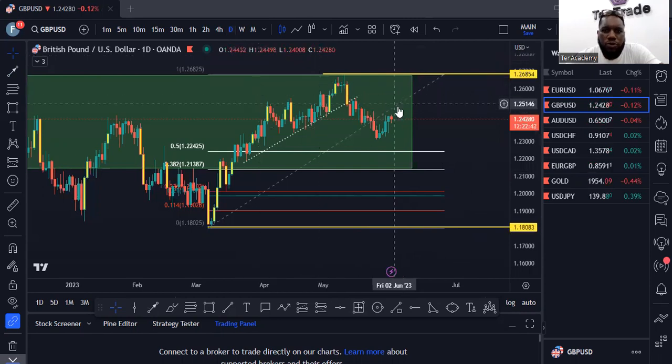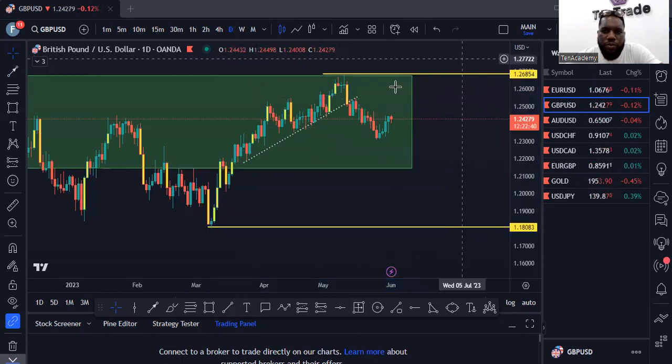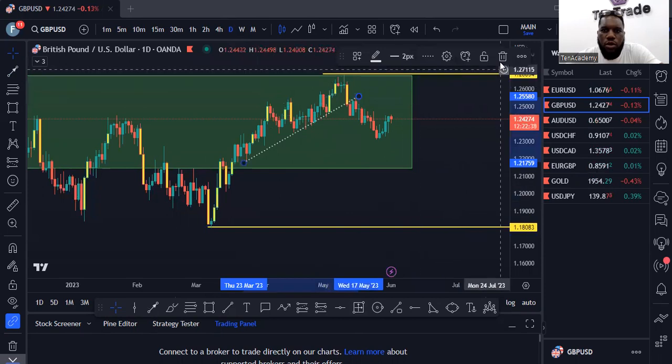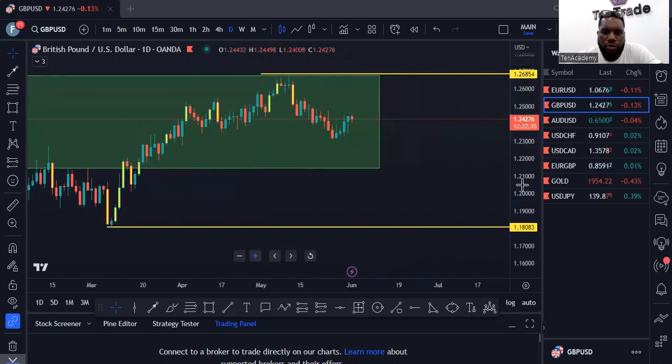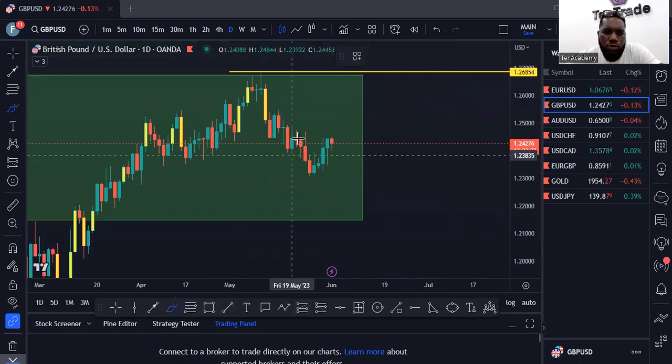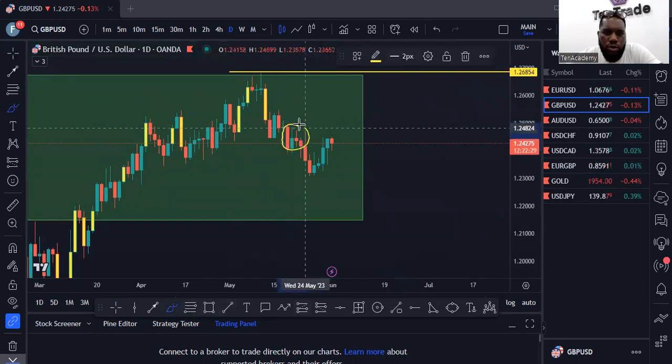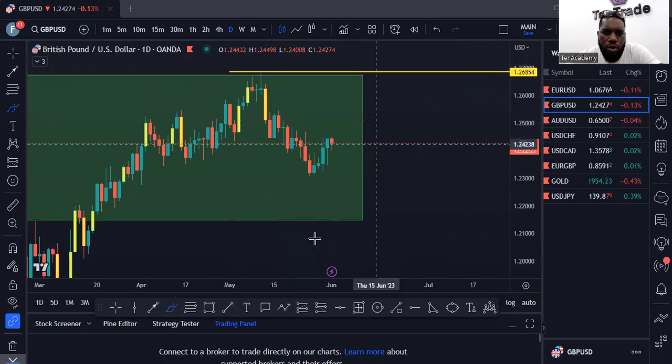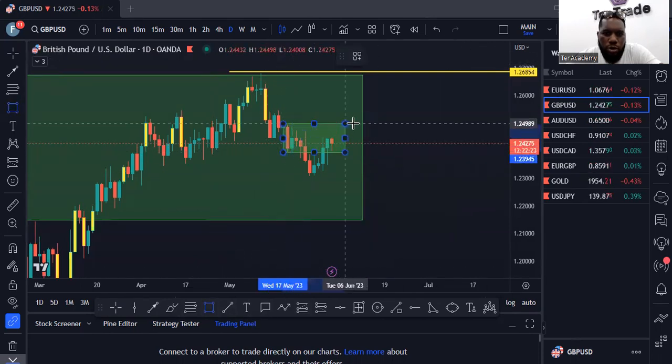Also, when you look at what's going on the daily time frame, what do we see? Look at this move here, like so. That is a block of supply.